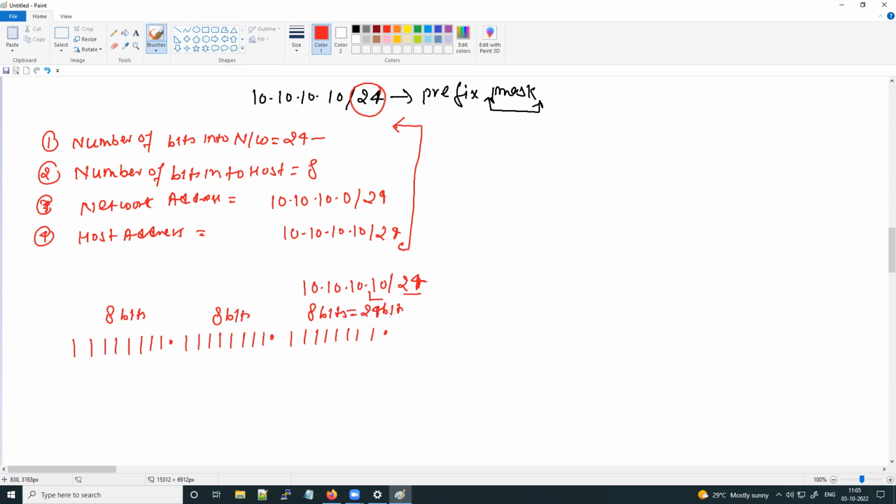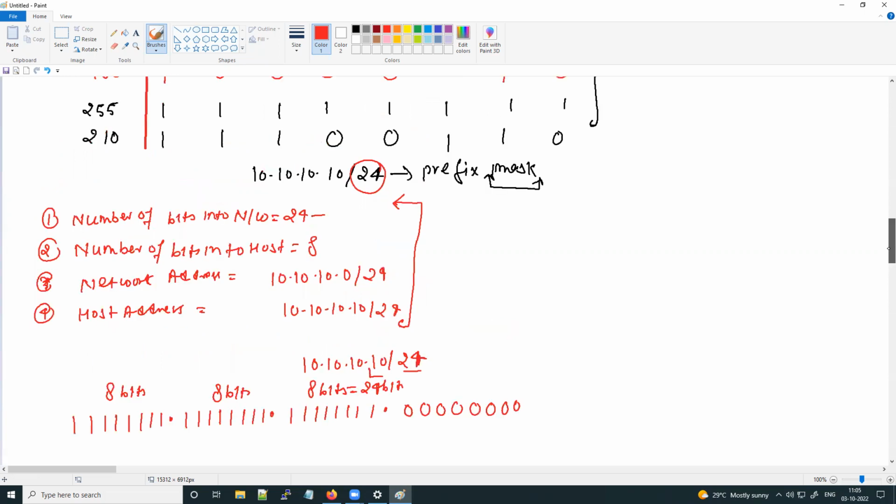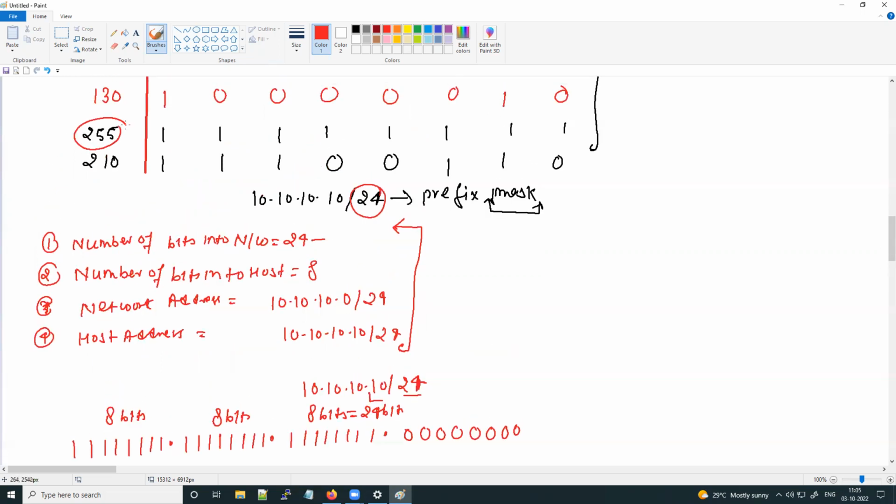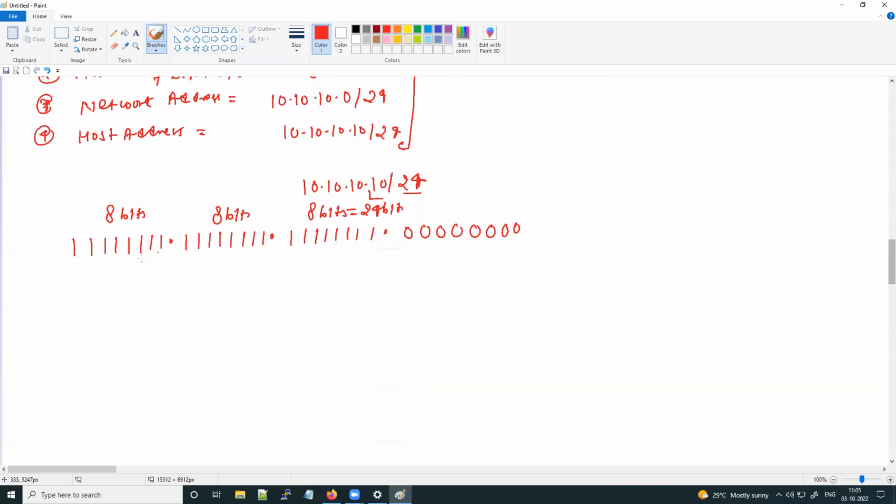Make all the network bits 1 and host bits 0: 0, 0, 0, 0, 8 times. If you convert all 1 bits into decimal, it would come to 255. So this will be 255.255.255 dot, and the last is all 0, which becomes 0.